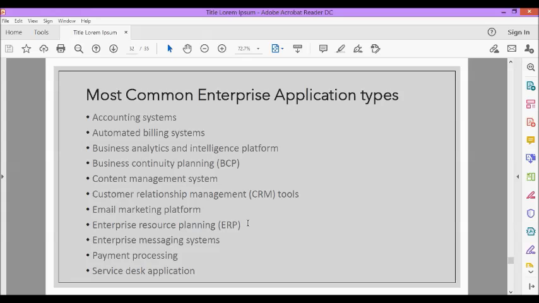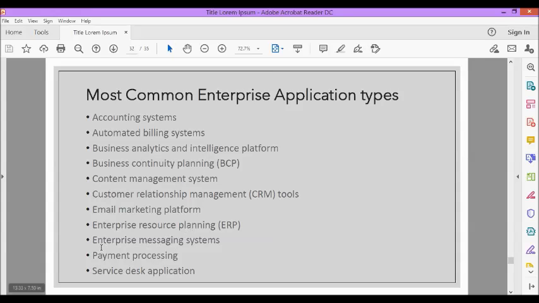ERP tools share a common process and data model covering broad and deep operational end-to-end processes, such as those found in finance, HR or human resources, distribution, manufacturing, service, and supply chain.